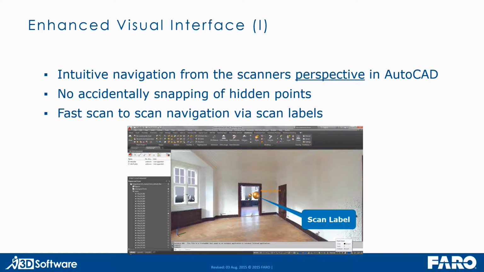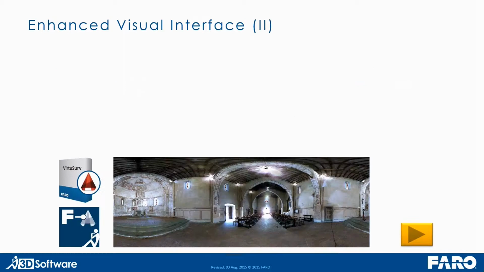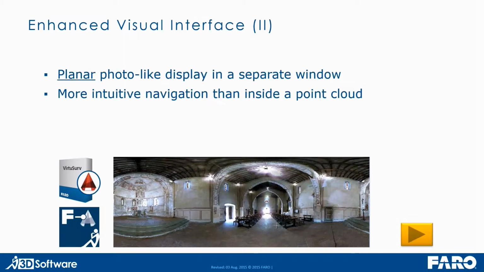If you have older AutoCAD versions and want to use PointSense Heritage, you can do so by using the planar photo-like display, a photorealistic display in a separate window, which gives you more intuitive navigation than inside the point cloud without scan navigation.